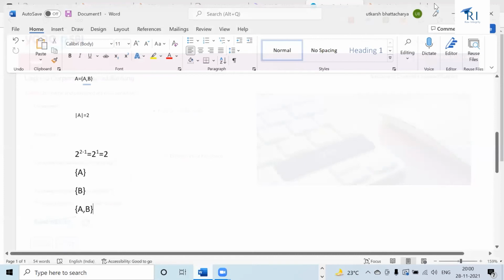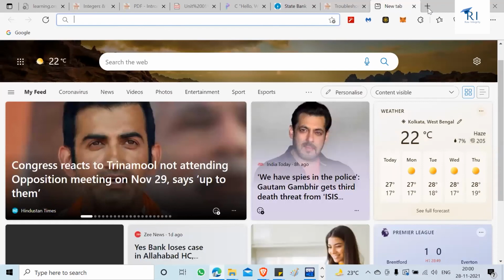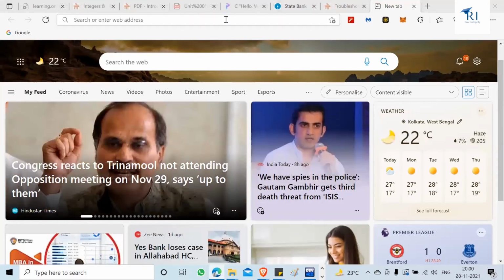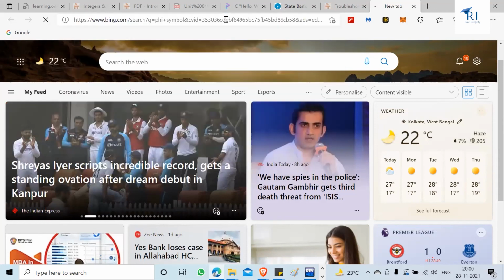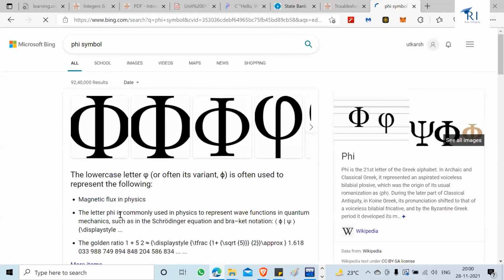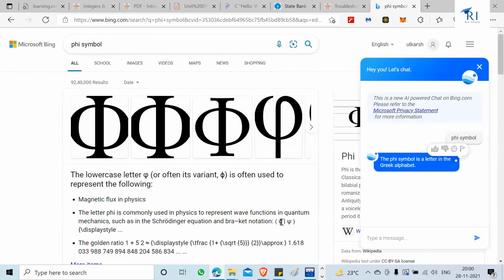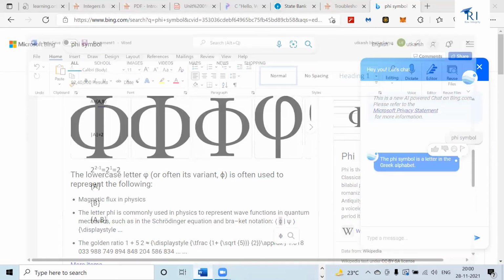First, I'll just copy the phi symbol also because some people might have been confused about that. I don't know if it's going to work in Word. I'll still check anyways. So where is Word? There you are.